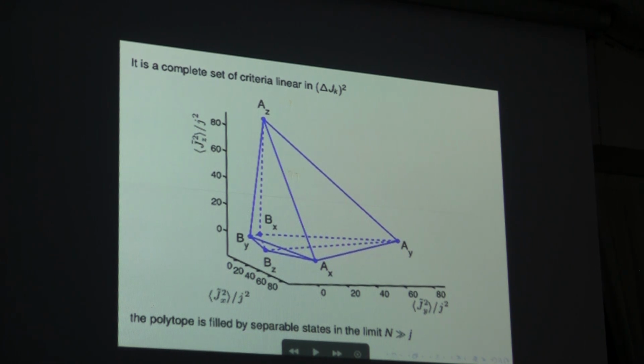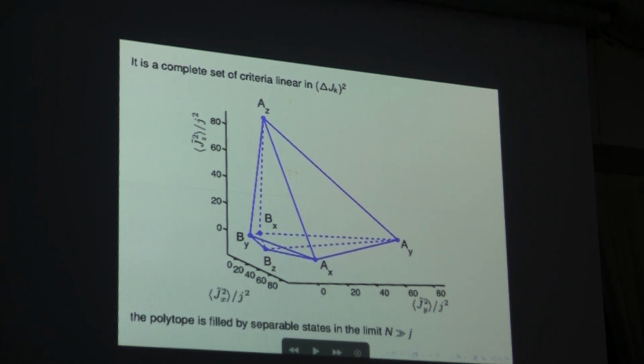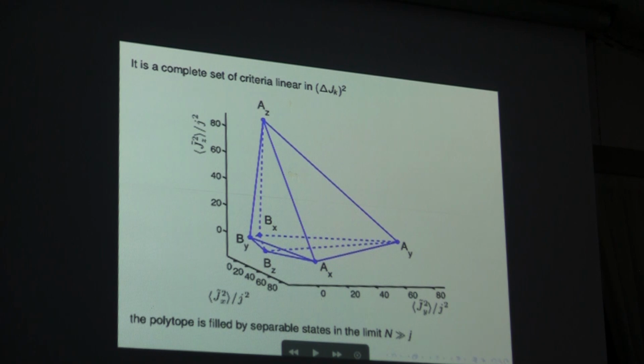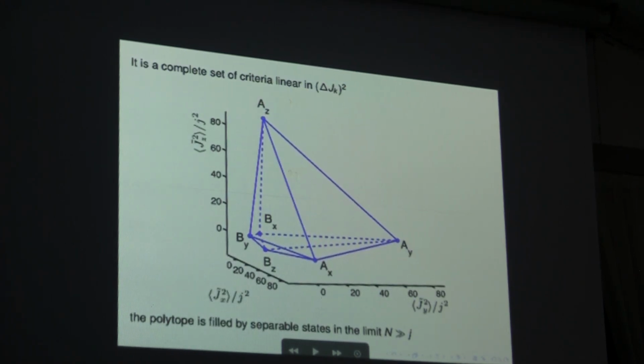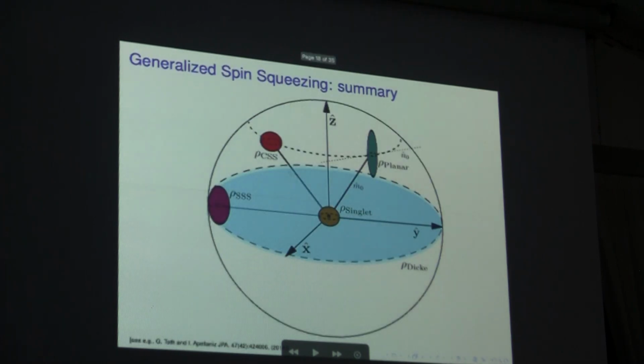And since this is a closed polytope, there is no additional inequality you might think of which would improve over this. So you need only to check this set of 4 of them. And either the state is detected or you should measure something else. That's more or less the idea.